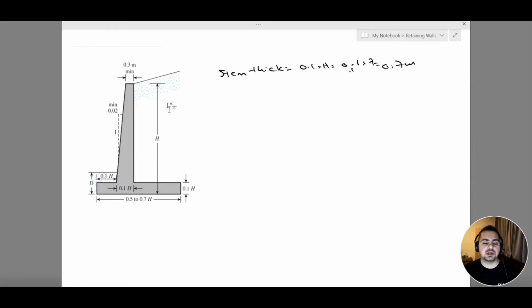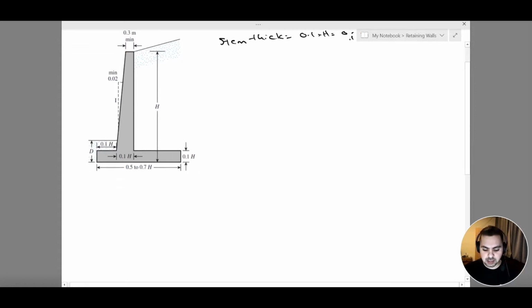Why? Because when I go for a restrained retaining wall system, I'm providing my retaining wall with a lateral support. And this lateral support is like a steel anchor with a concrete block at the end here. This is a concrete block.